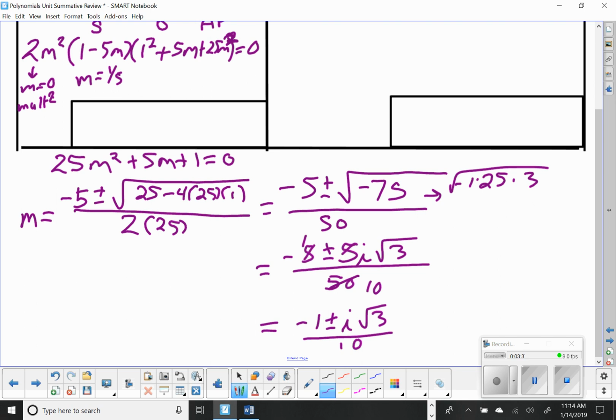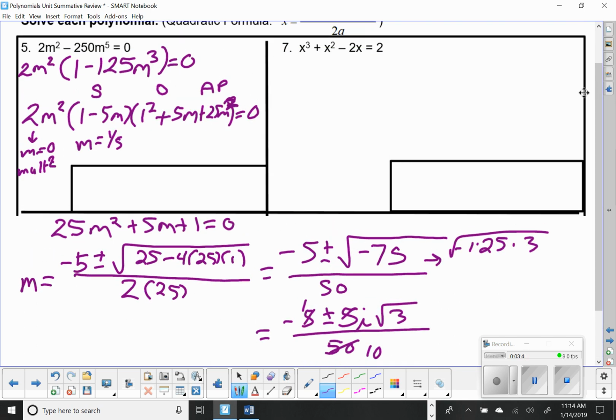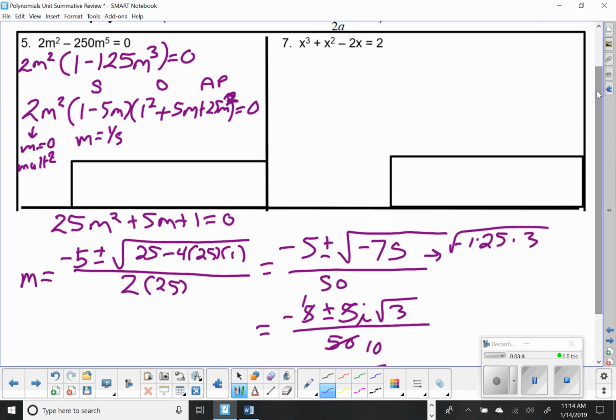So this crazy polynomial here, it's to a 5th power, which means I should have, remember, 5 solutions. So I'm going to have m is equal to 1/5. That's one solution. Then I have 0, and here I'm going to put multiplicity of 2.